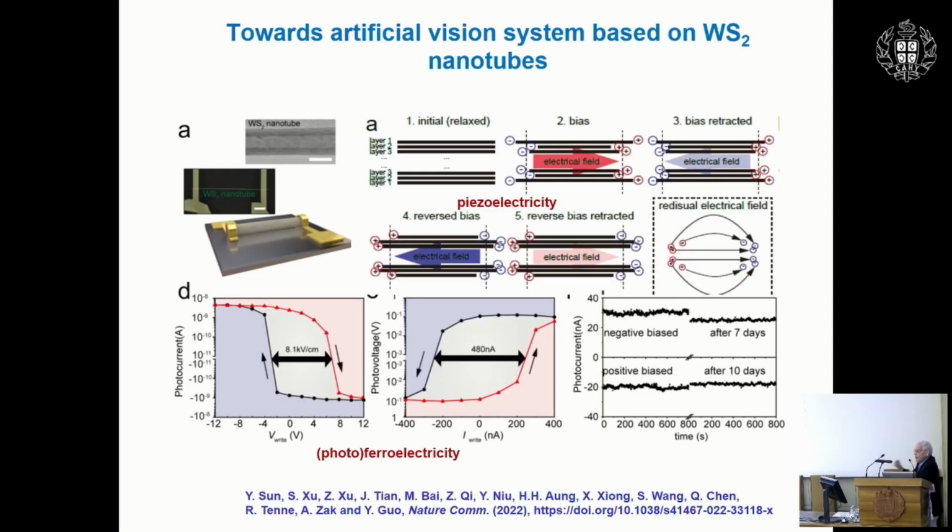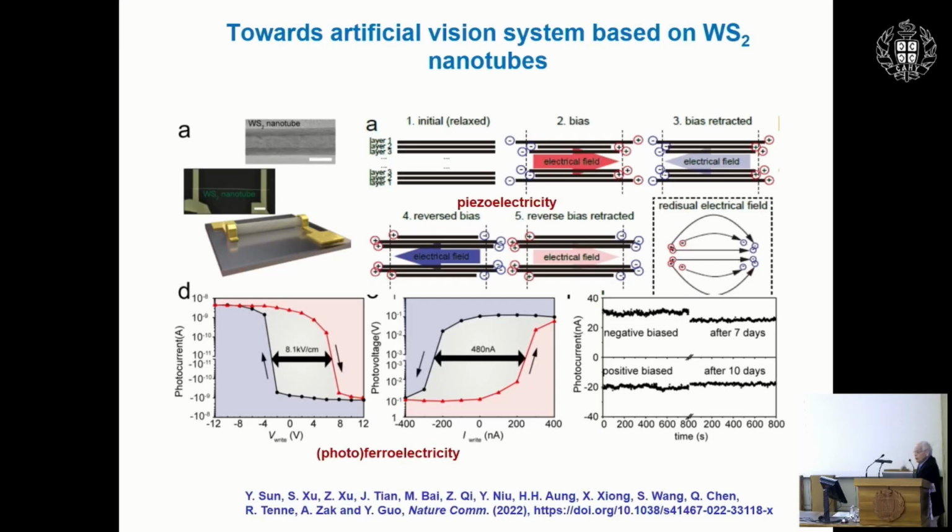Because you have a multi-wall nanostructure, some of the walls shrink, some of them expand, and you basically form a dipole. This dipole is stable because there is enough friction in the system that you have to apply a very high reverse voltage in order to release this dipole in one direction.